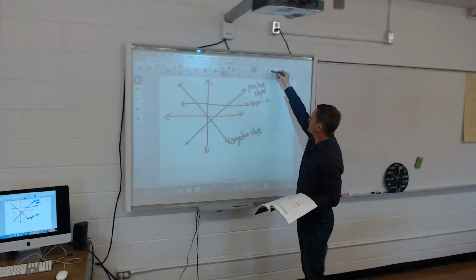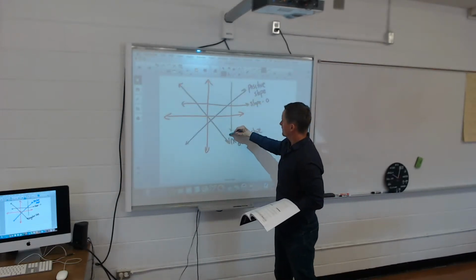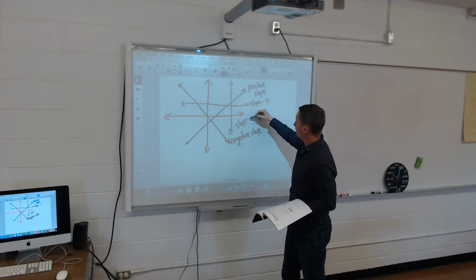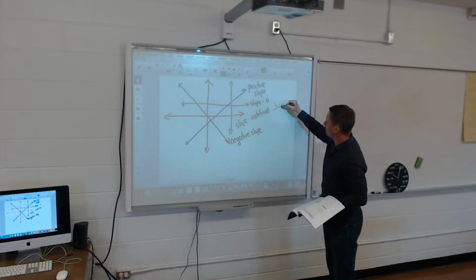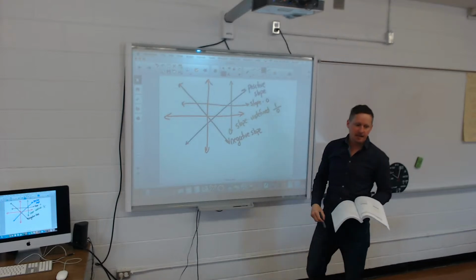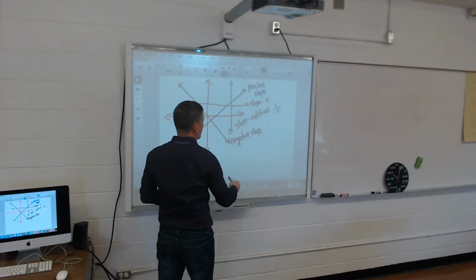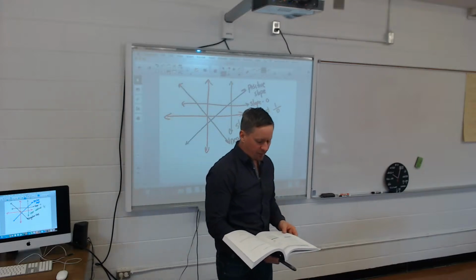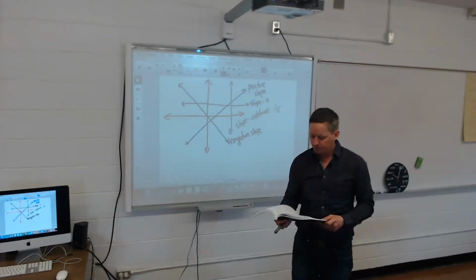And then this last one is what we refer to as an undefined slope, because it would look something like this, 1 over 0. Because it doesn't go left or right, it only goes up or down. So then my slope for this line, we refer to it as undefined. They show you all 4 of those at the top of page 130.